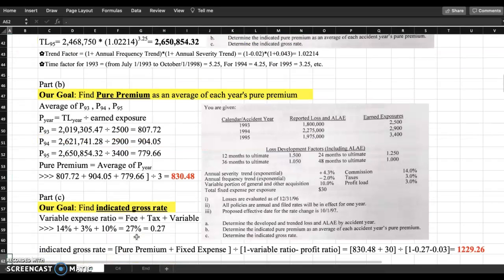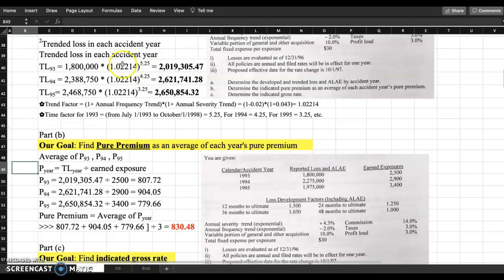And we can go ahead and find the pure premium as an average of each year's pure premium. Each year, the pure premium is calculated as the trended loss each year divided by earned exposure.